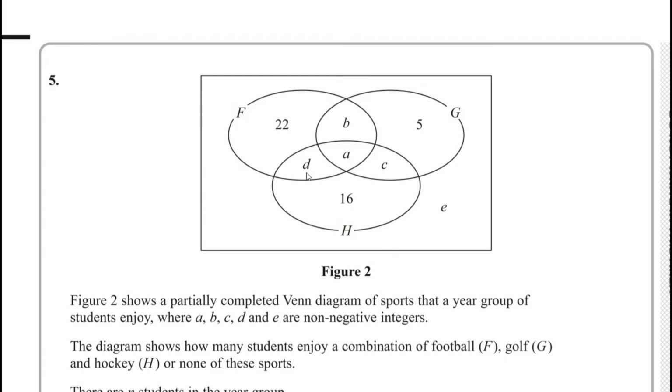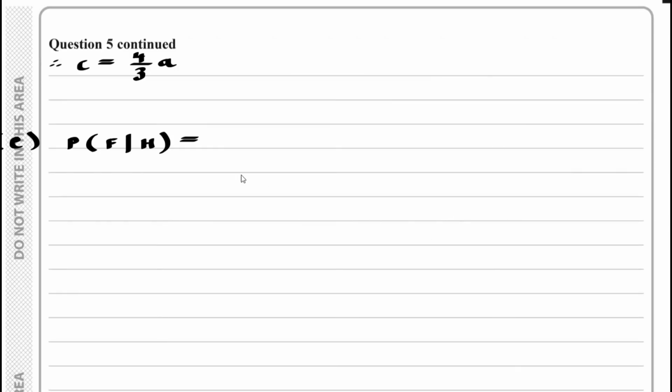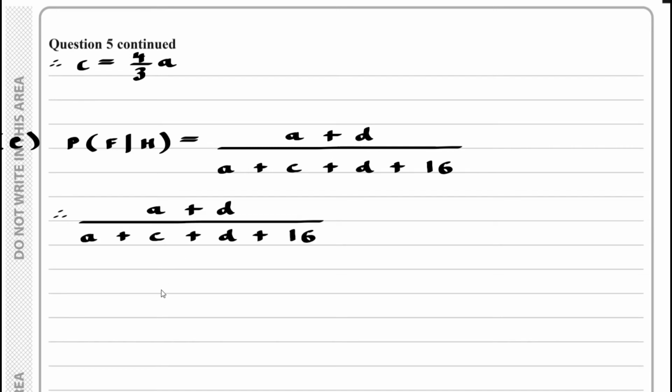Well, we have the A and the D out of all the H's. So the probability of F given H is equal to A plus D over A plus C plus D plus 16. And therefore this result is equal to 1/5.